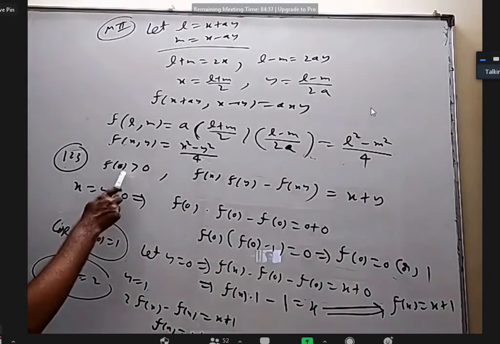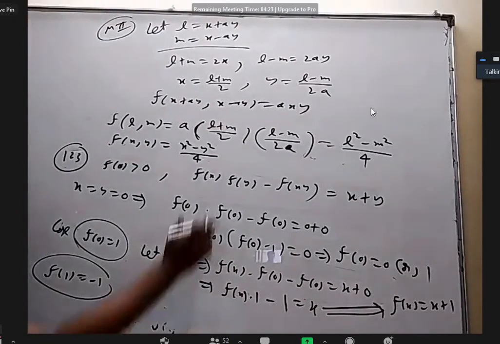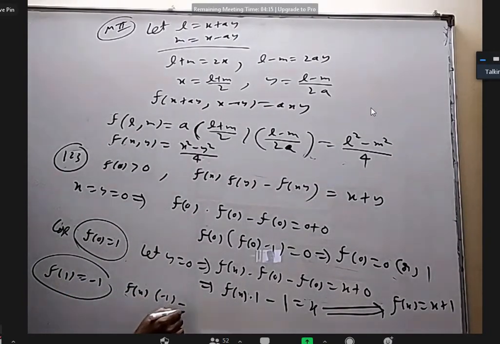So instead of giving f of 0 greater than 0, they can also tell f of 1 is greater than 0, and we will still get the answer. But if f of 1 is minus 1, what would have happened? Because we got the other solution here. So let us put y equal to 1 and f of 1 is minus 1. What about f of x with minus 1?